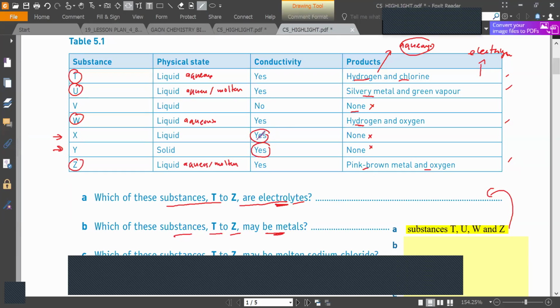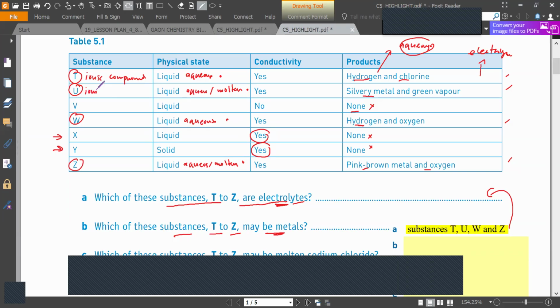You see, this one, they can undergo electrolysis. So remember, if they can undergo electrolysis, they must be ionic compounds. So this one will be an ionic compound.